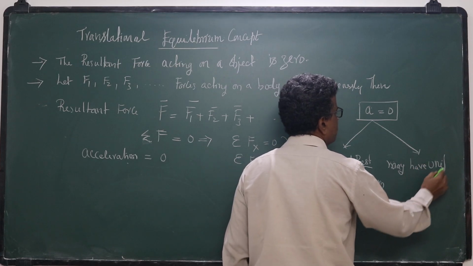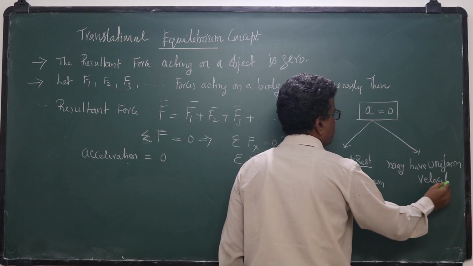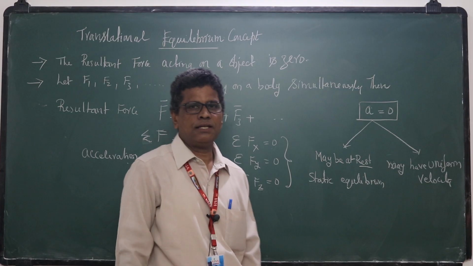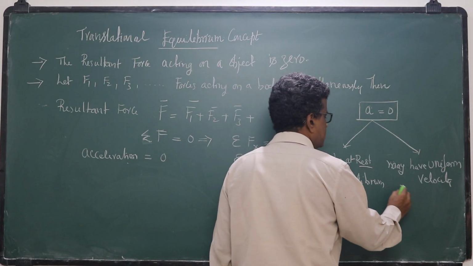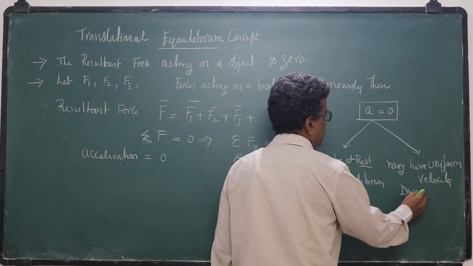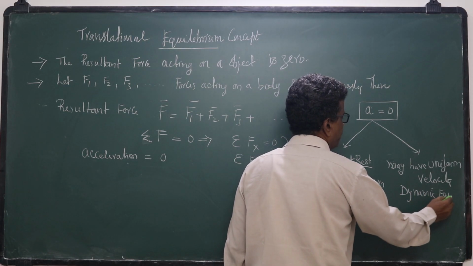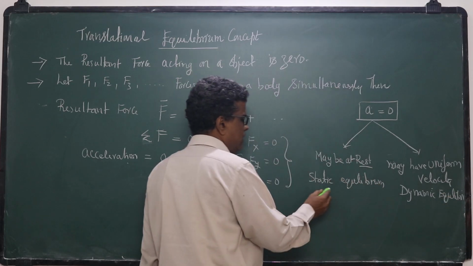If a body has uniform velocity, then what is its acceleration? Zero. Such a type of equilibrium we can call dynamic equilibrium.